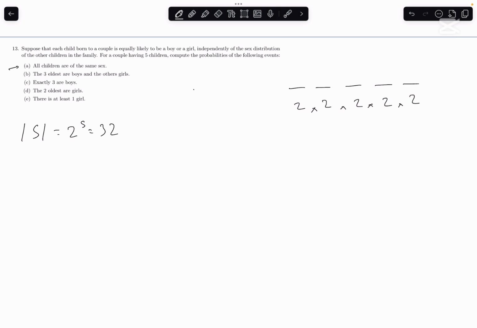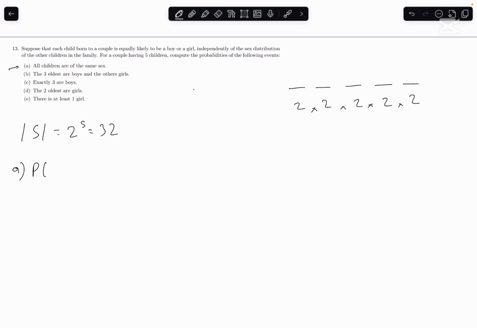So let's calculate A. All children are of the same sex. This is simple, we know the sequences.